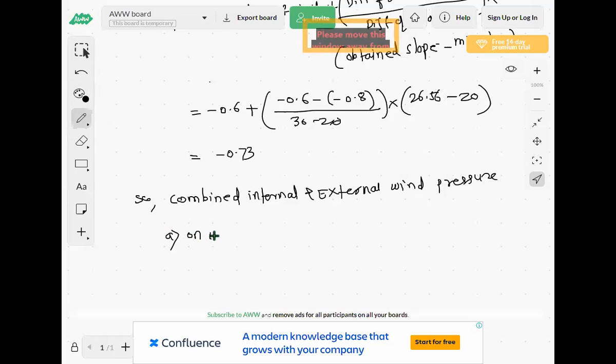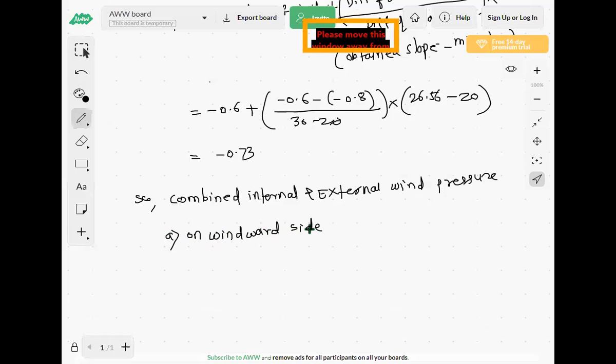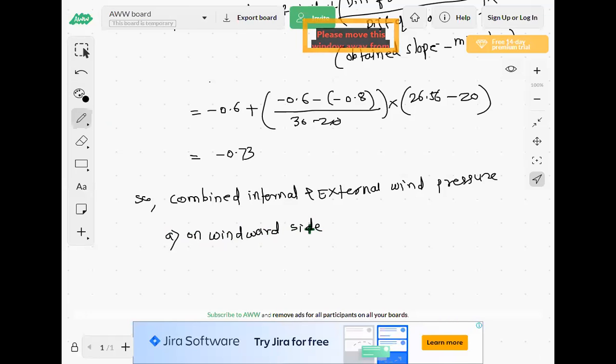So on windward side, so now here, just a minute.